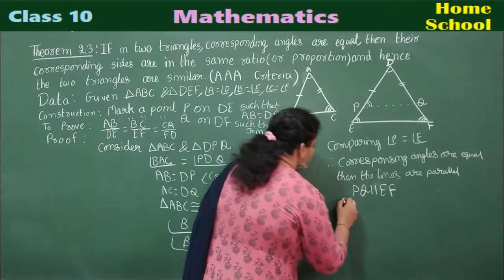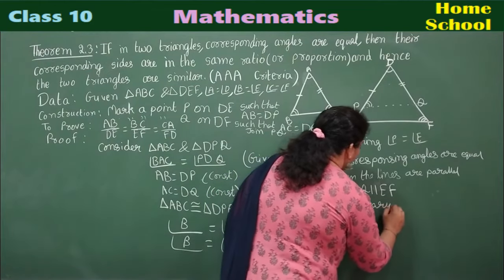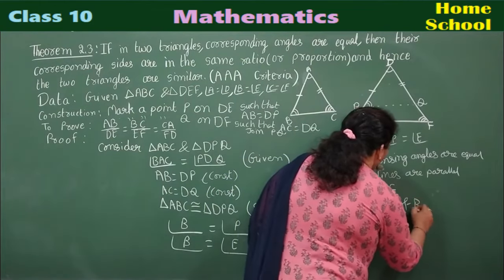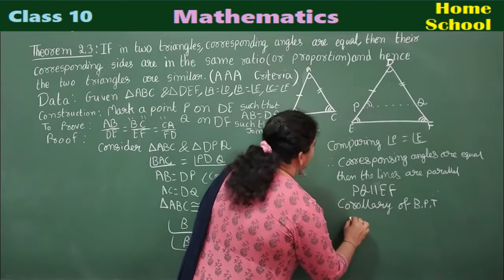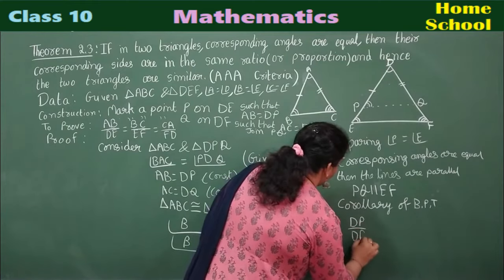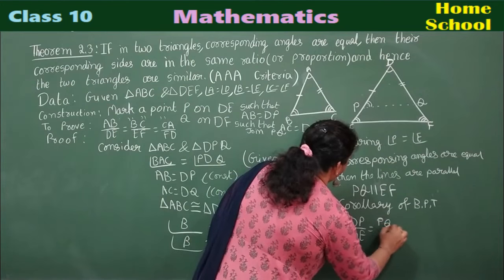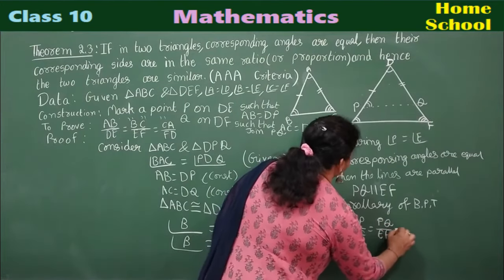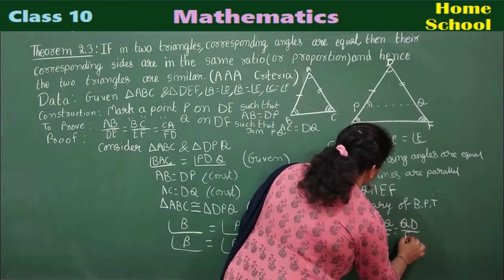So now, by corollary of B.P.T, what can you say here? I just compare this with dP by dE is equal to PQ by EF is equal to QD by FD.